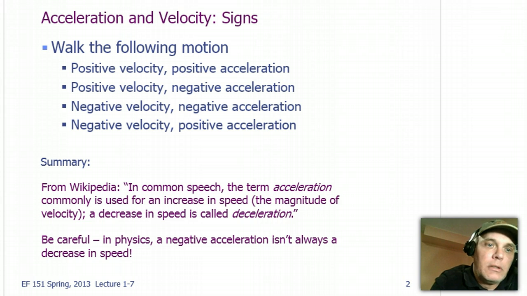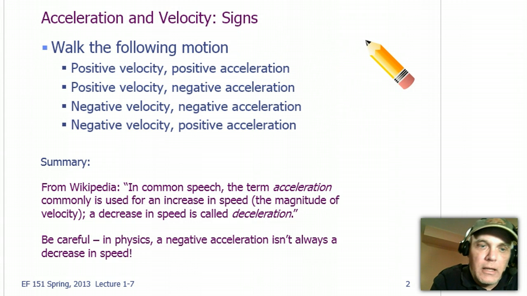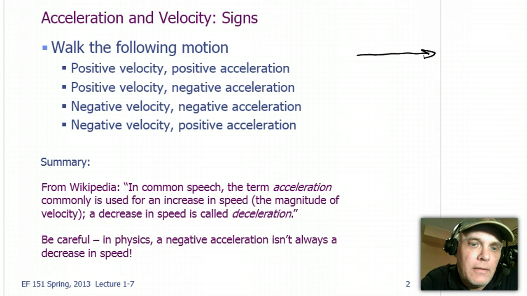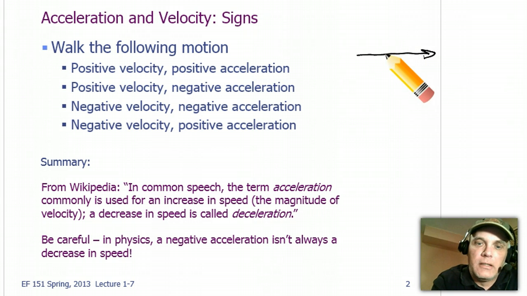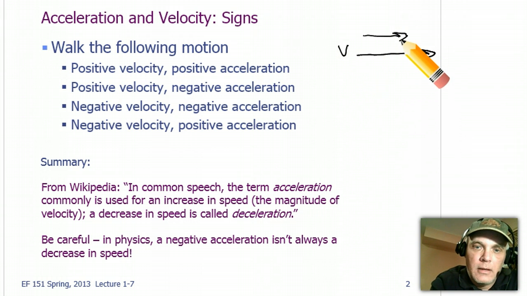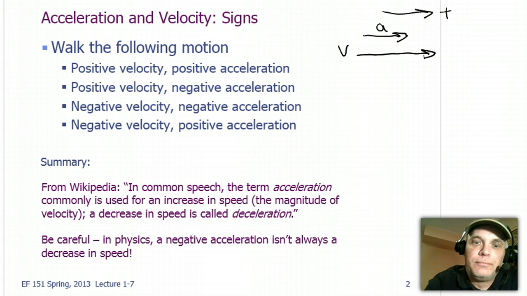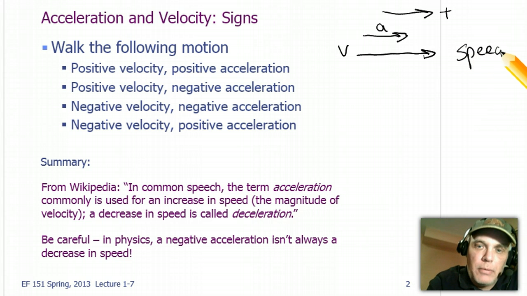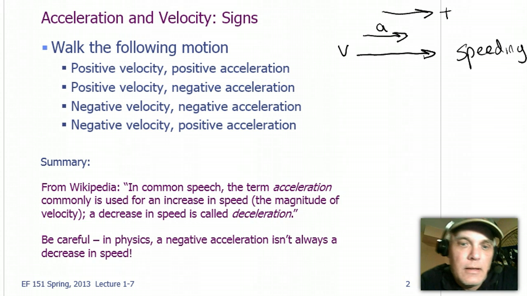So if you can imagine Professor White walking in the positive direction, and think of accelerations. Sometimes it helps to think of them as caused by a force. So imagine a wind also in the positive direction. So there's our velocity, there's our positive direction, and there's our acceleration. So in this case, acceleration is going to cause an increase in the positive velocity, and we are speeding up.